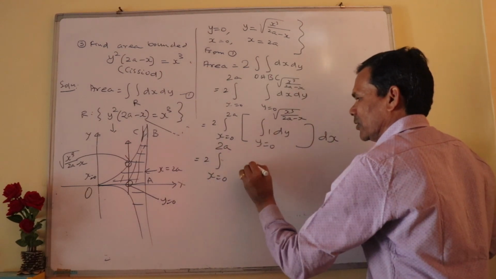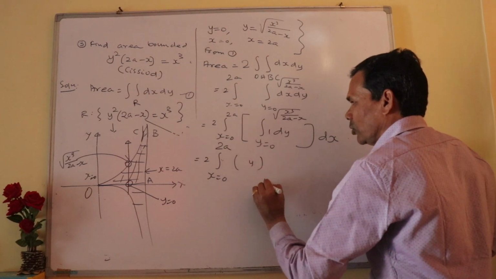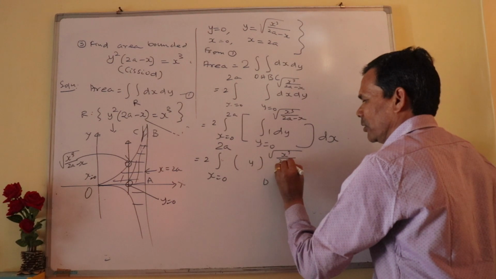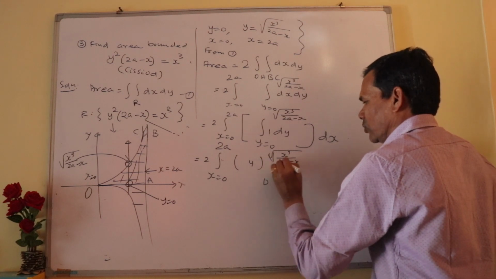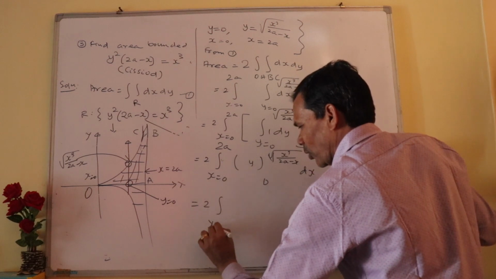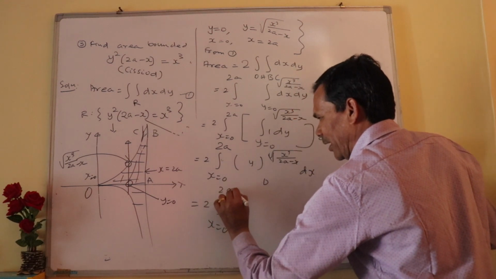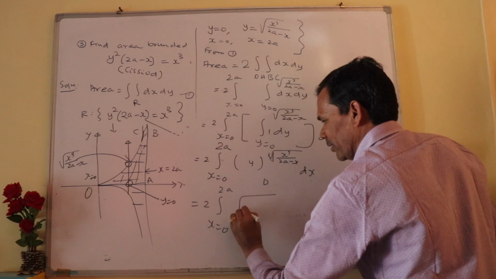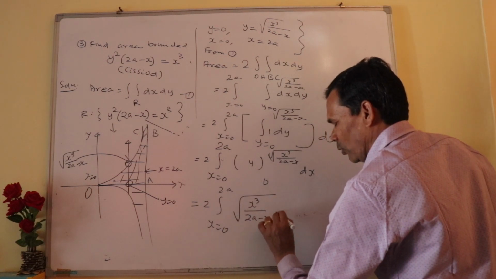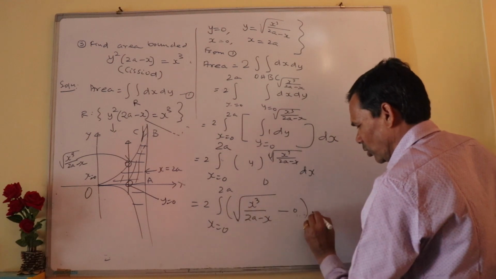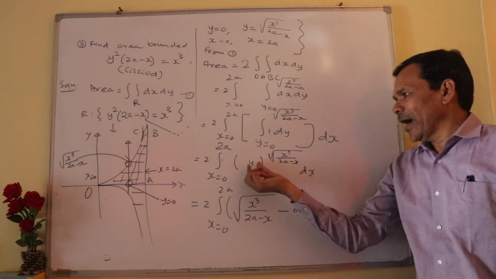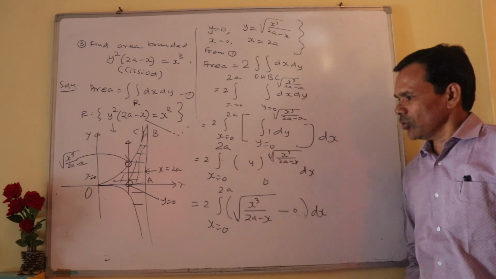If I integrate this, y from 0 to root of x cube divided by 2a minus x, with respect to x. So the upper limit is root of x cube upon 2a minus x, and the lower limit's value is 0, with respect to x, y upper limit minus lower limit.